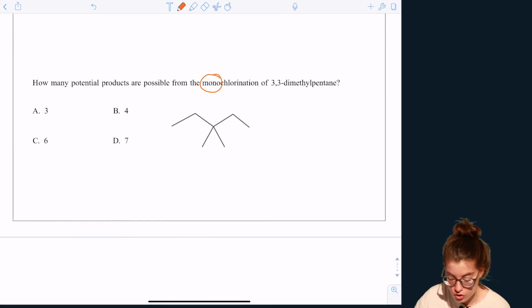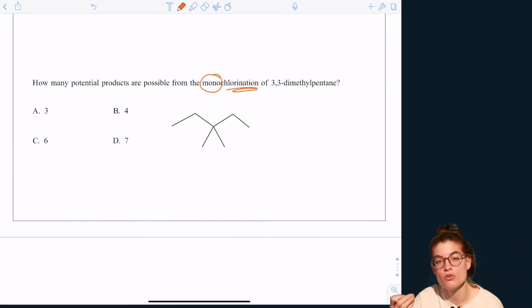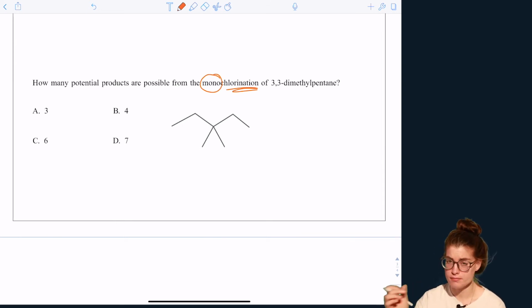Now, for chlorination, we know that chlorination is much less selective than bromination. With bromination, you're going to get almost all of your product at the most substituted position where a hydrogen exists. For chlorination, you're going to get the possibility of a chlorine pretty much anywhere there is a hydrogen.